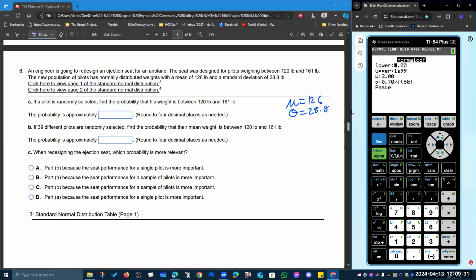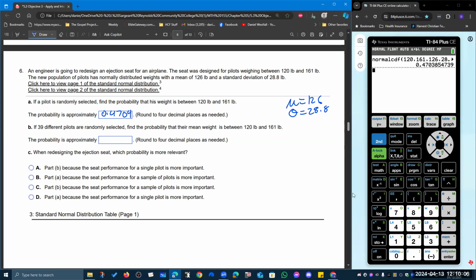Second distribution, normal CDF, we want 120 to 161, and we have a mu of 126, a standard deviation of 28.8, and I get 0.4704. It's exactly what they got.